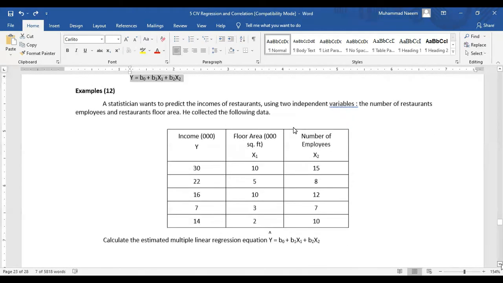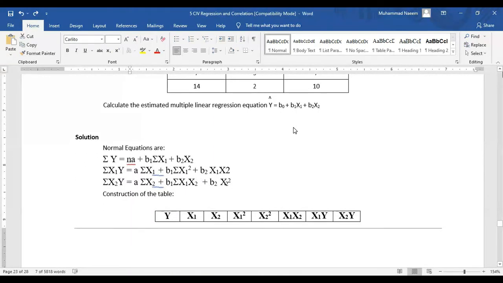The process is simple and almost the same as we discussed in the case of linear regression. Again, in this case, we develop normal equations, but how to find these normal equations? Look at the original required equation. This multiple regression line we need.